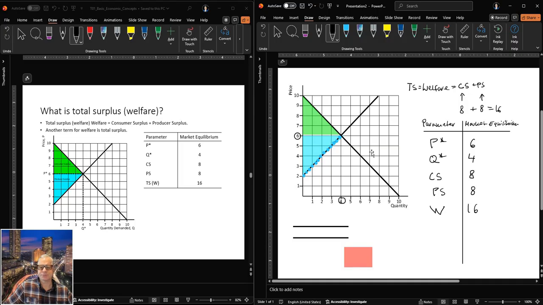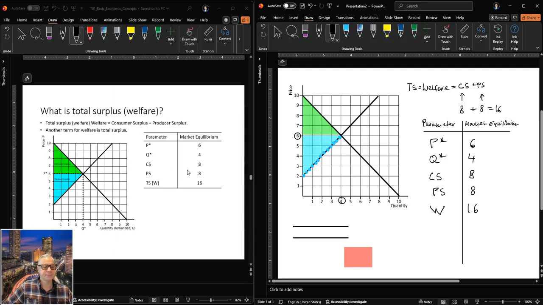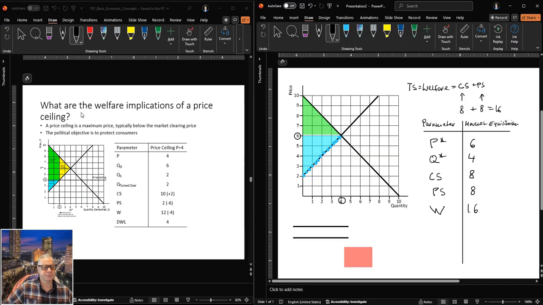So this is the market equilibrium. Now in the next slides we start doing economic policy and evaluate economic policy. The first policy that we introduce is a price ceiling.